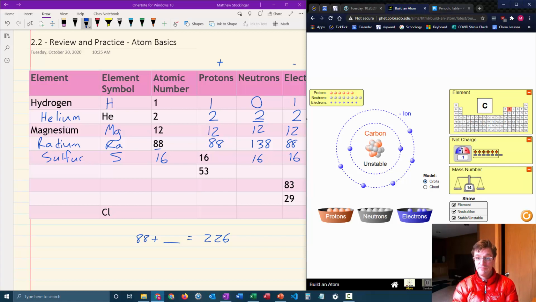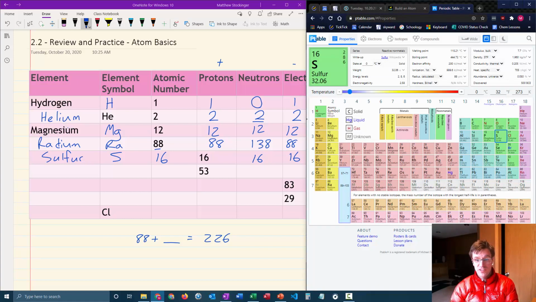Okay. Let's keep going. Protons 53, that's going to be atomic number 53. Looks like that's iodine. Capital I is the symbol. This element is used in first aid as a disinfecting covering for open wounds.